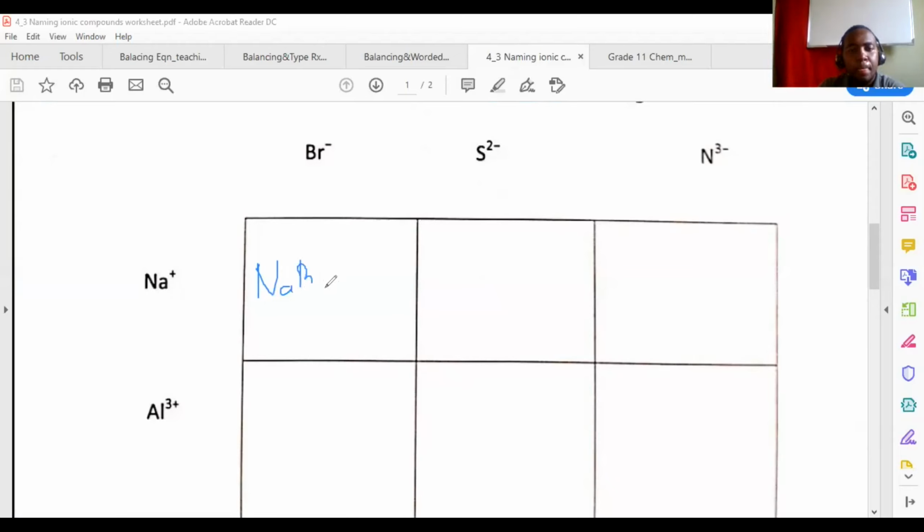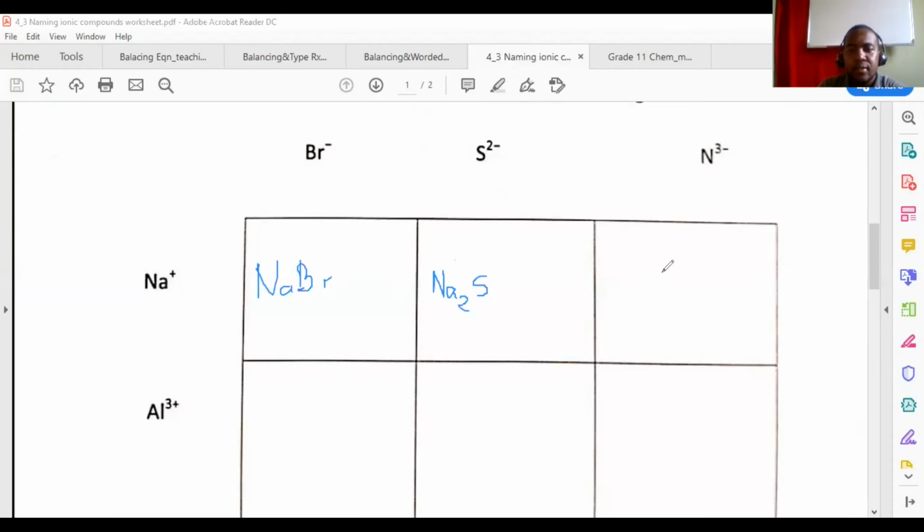Going across, Na+ and S2- gives us sodium sulfide, and the formula is Na2S.